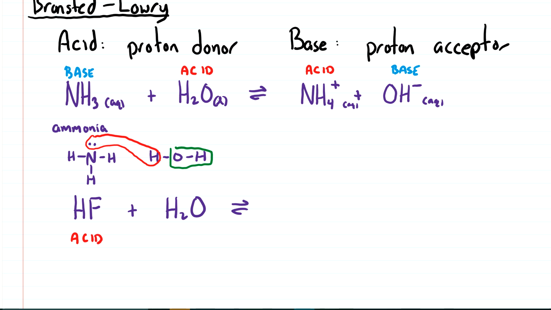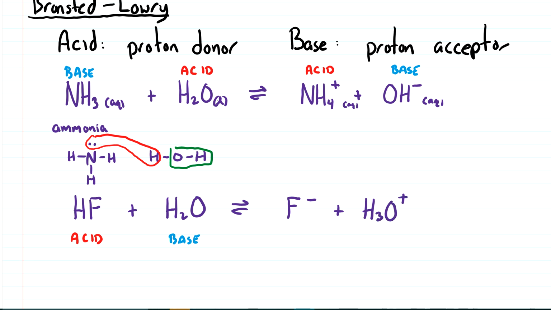It's going to give its proton to water, which means water would be a proton acceptor, so it's acting as a base. I want you to think about what would form now. Maybe pause the video, take a guess, see what you think. Well, if HF loses a proton to the water, it's going to turn into fluoride ion, and the water is going to turn into, that's right, H3O plus, hydronium.